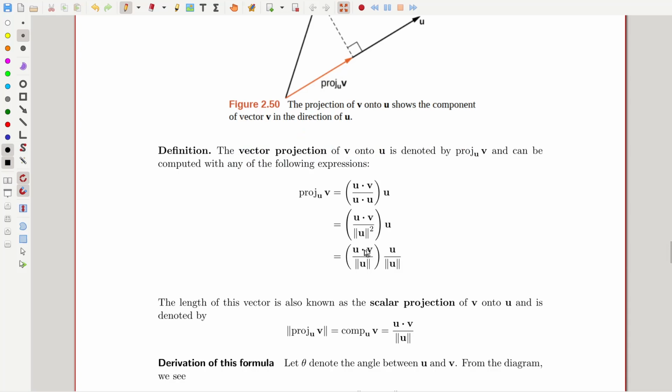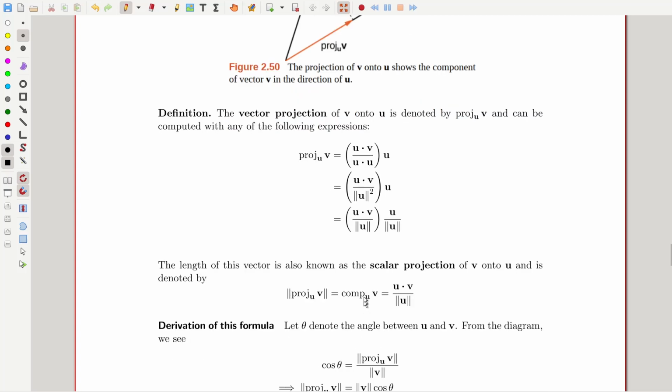And so this quantity is important, and it's given a name. It's called the scalar projection of v onto u. You can see the expressions match. In the book, it's denoted by comp sub u v. I guess the comp stands for scalar component.